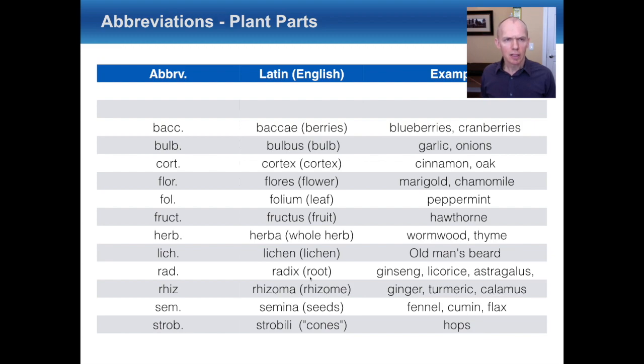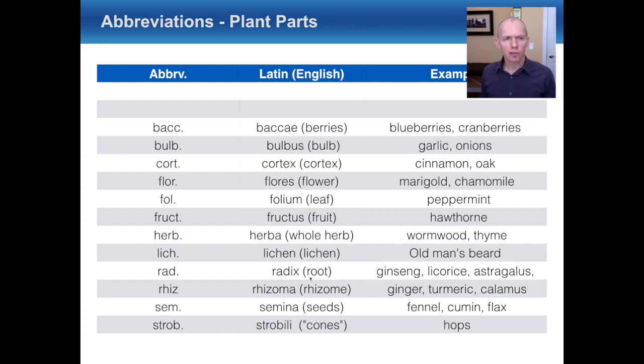So to begin with, the abbreviation BAC refers to bacchae, which is berries, and you might have that with a notation where it may be BAC blueberries, maybe the particular herb written about. Or bulbs, for example, you can have garlic and onions come in bulbs, and so the Latin term for that is bulbus, and the English term is just like the abbreviation, bulb.